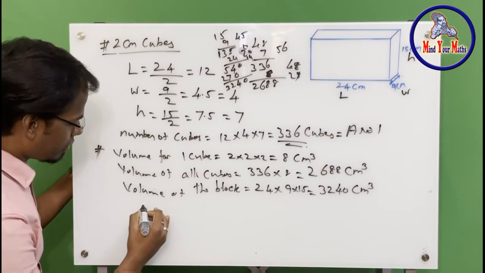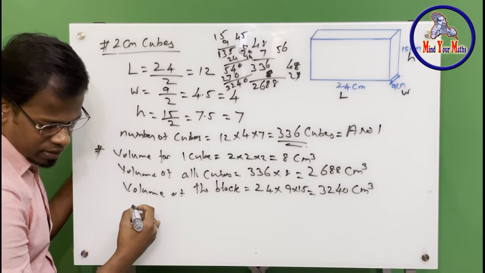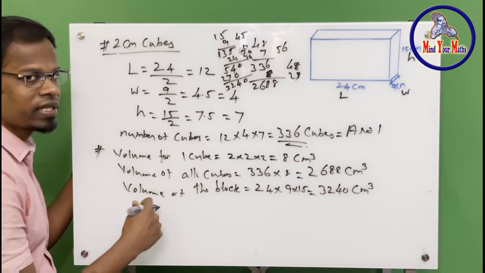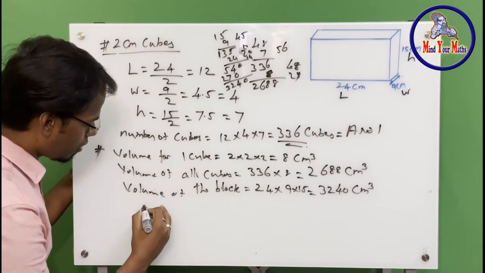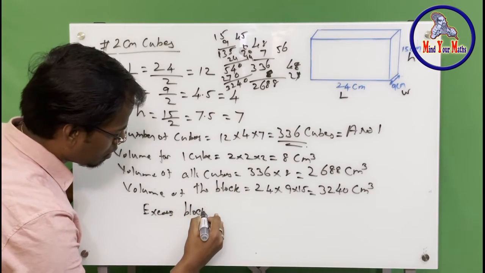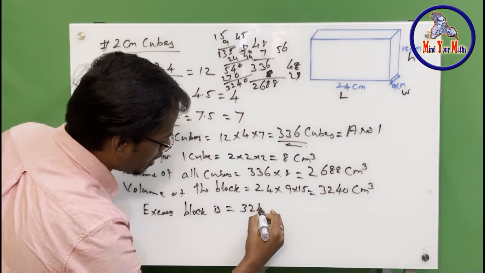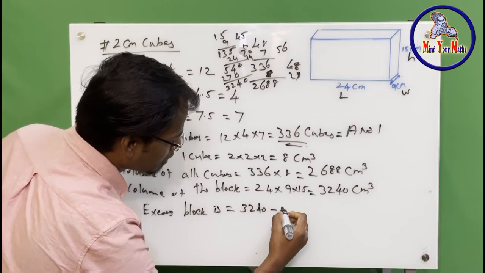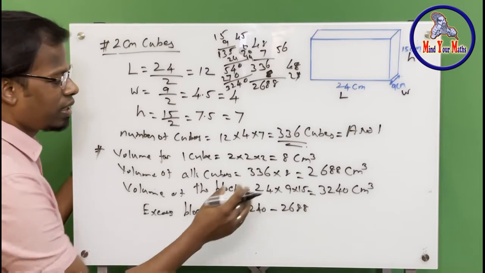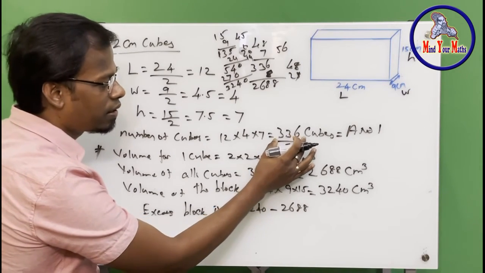Now the excess. What is the question actually asking? The leftover block, which is the excess block. So the excess block is equal to 3240 minus 2688. Why? We found how many cubes we can cut, 336.